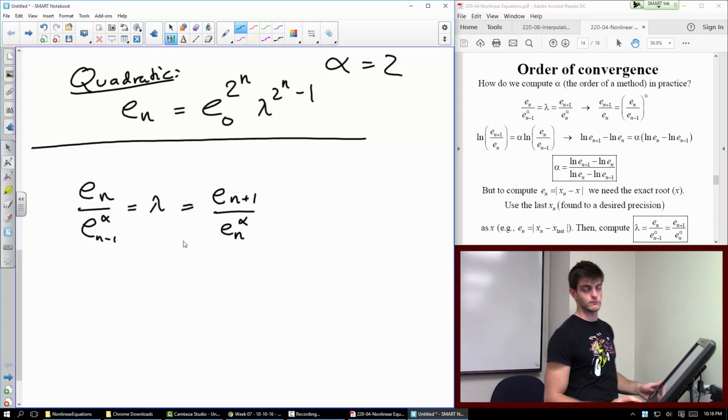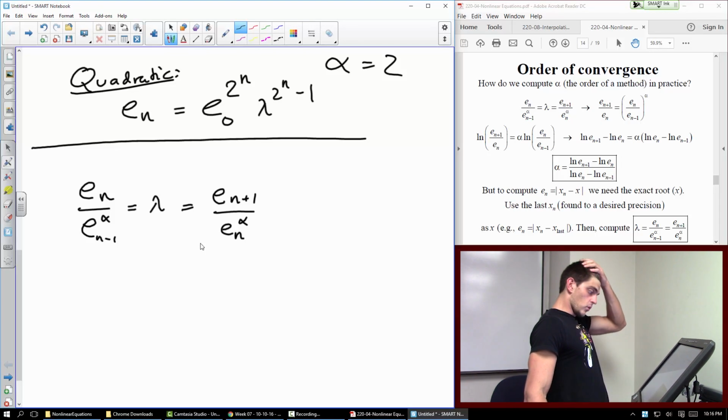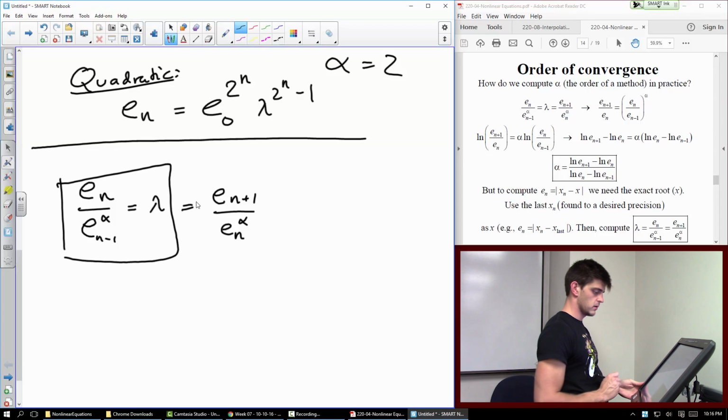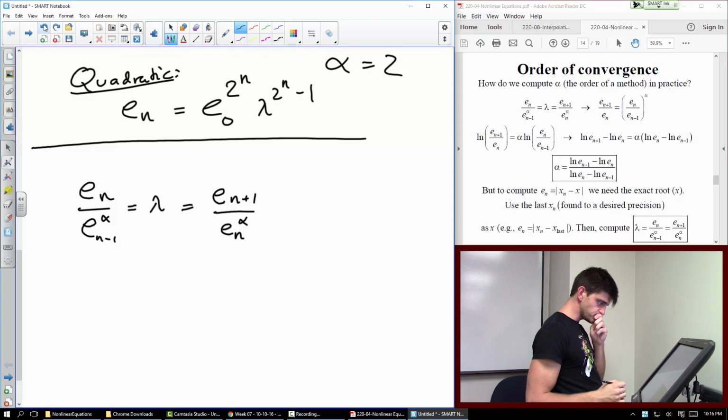That ratio isn't really changing. Lambda's not going to change. Well, this is convenient now because while previously, if you only looked at this, you had one equation with two unknowns, lambda and alpha, now we can write one equation with one unknown.